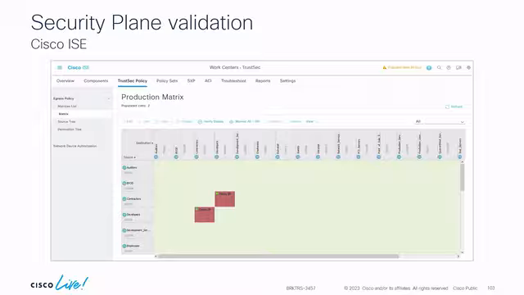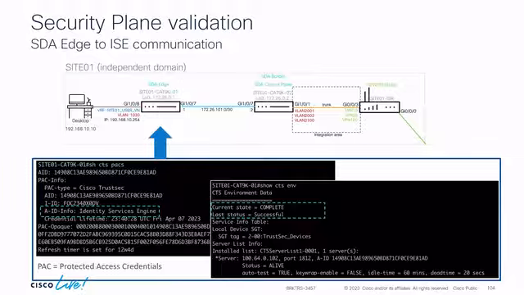If you have SDA on both sides, you can assure enforcement will happen from the security perspective on SDA itself. If you have information on ISE, then ISE should push it to the network. This is how it works: DNAC to ISE, ISE to the network, and the network is going to enforce it.